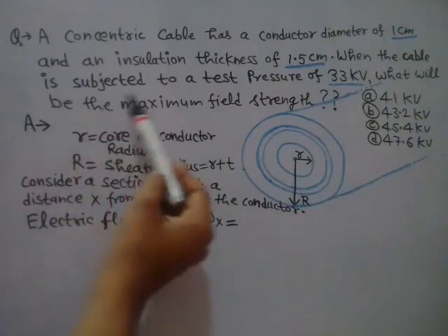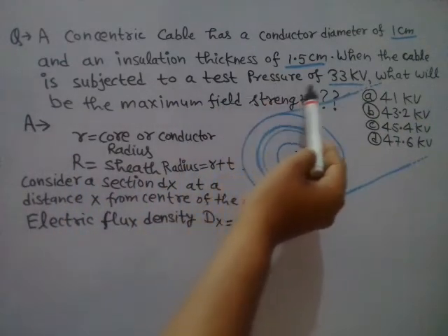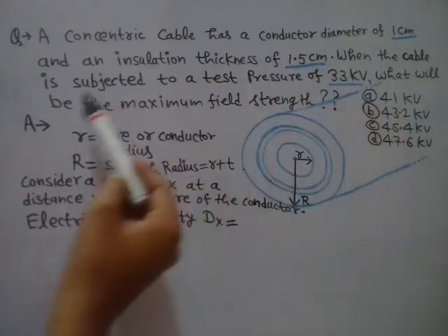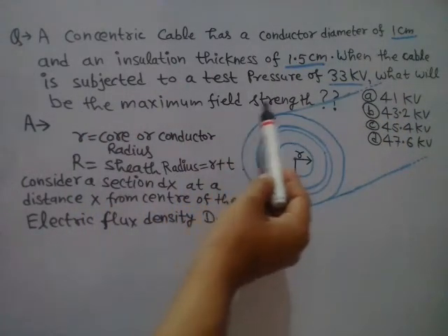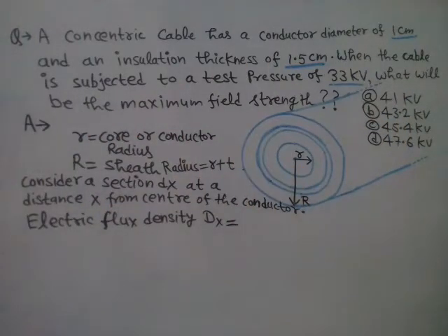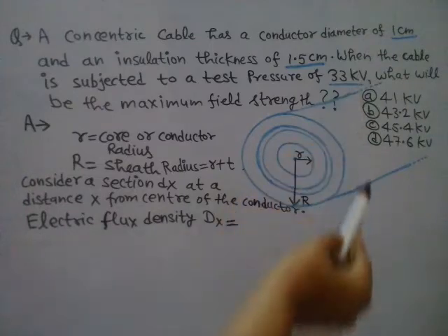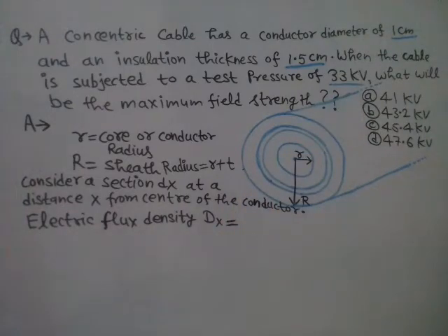When the cable is subjected to a test pressure of 33 kilovolts, what will be the maximum field strength? A, B, C, D are the four options. Out of these four options, only one option is correct, and we will have to choose the correct option after solving this numerical. So the question is clear.